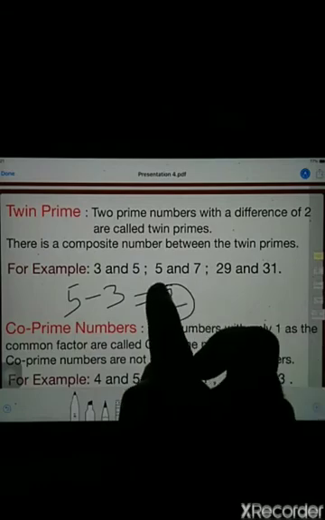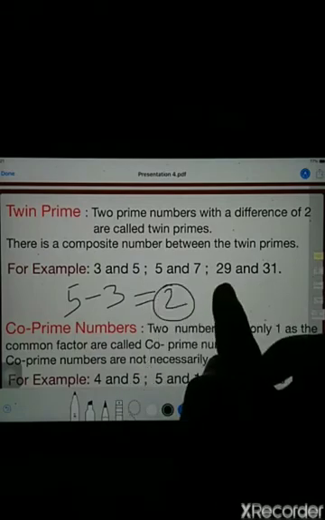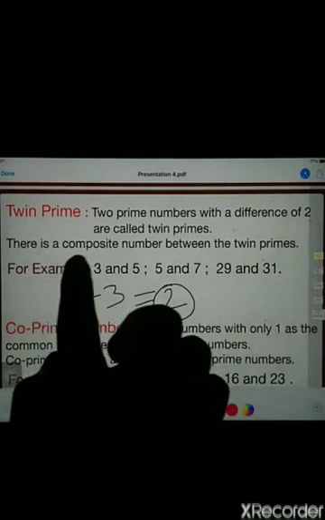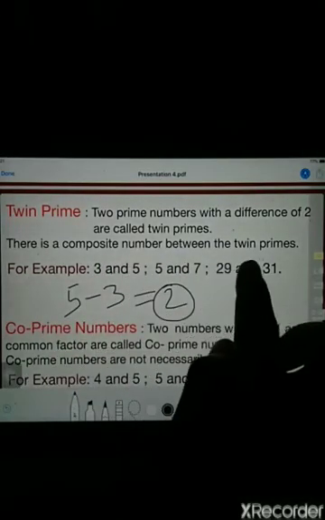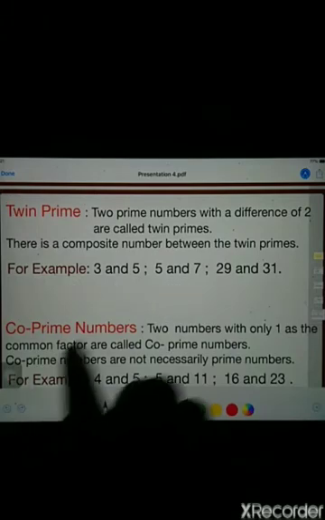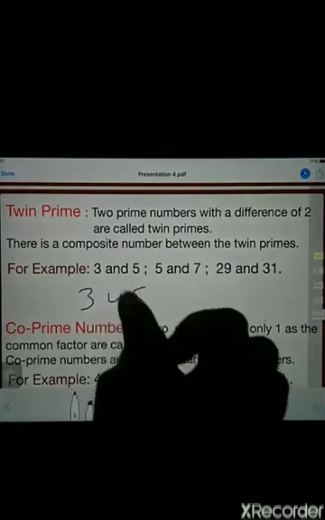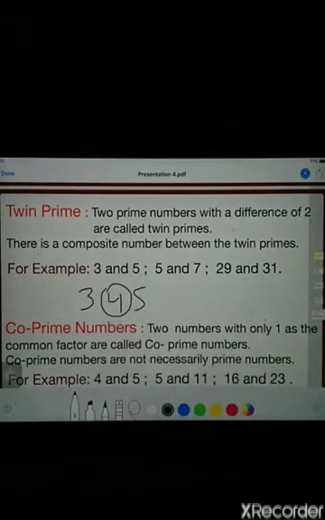Like 7 minus 5 is 2, and 31 minus 29 is 2. There is a composite number between the twin primes. Between 3 and 5 is 4, and 4 is a composite number.